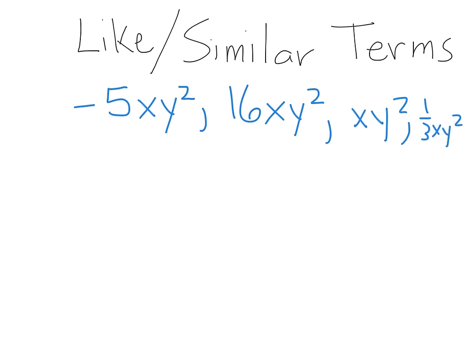Once again, these are all alike or similar because they have the same variable part. We are not worried about the coefficient part when we are talking about like or similar terms. We're just worried about the variable part being exactly the same.